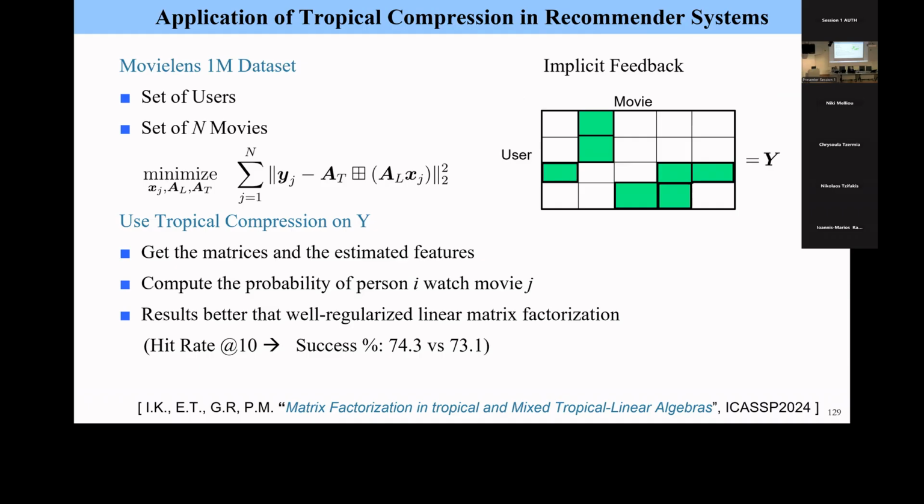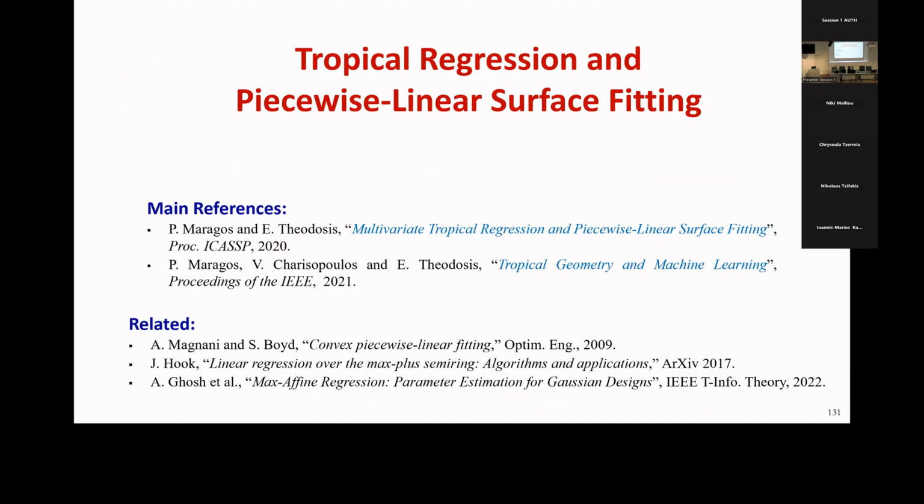Because I want in these last 20 minutes to cover tropical regression, which is a very interesting application area, and a very interesting application of the geometric and algebraic tools that we have discussed so far in this tutorial.